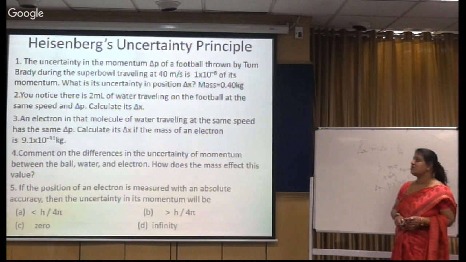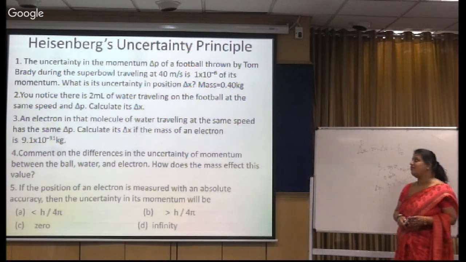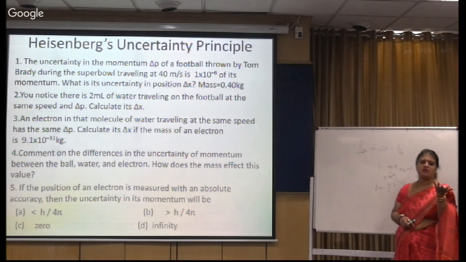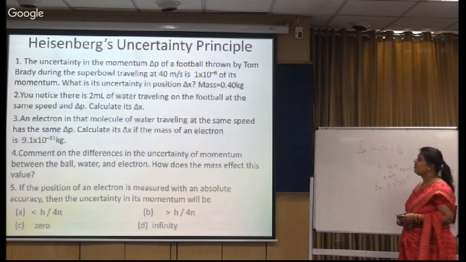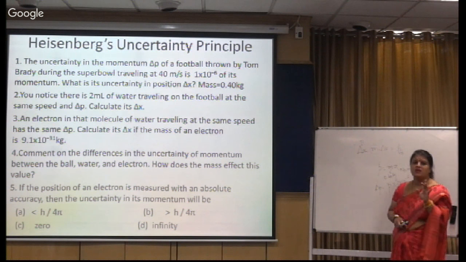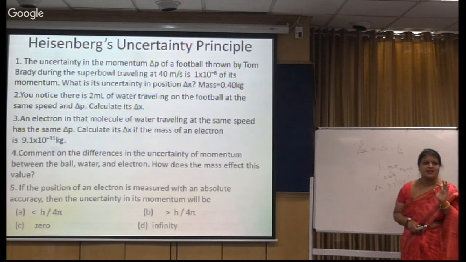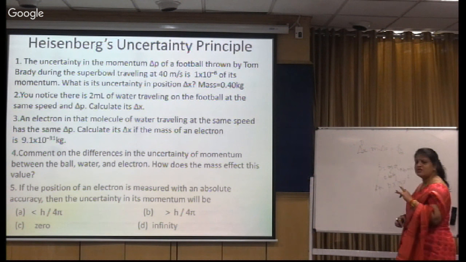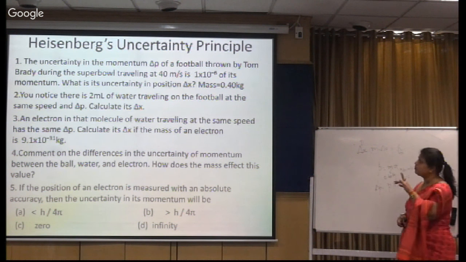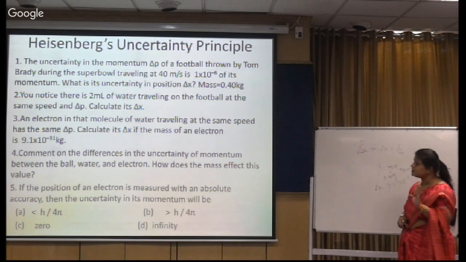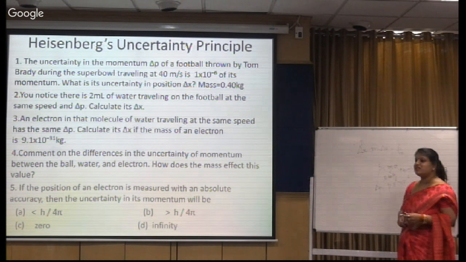There is 2 ml of water, maybe a droplet of water or some water around 2 ml, traveling on the football at the same speed and delta P. That means v remains the same, 40 meter per second. Delta P also remains the same, that is P into 1 into 10 to the power minus 6. Delta x needs to be calculated.